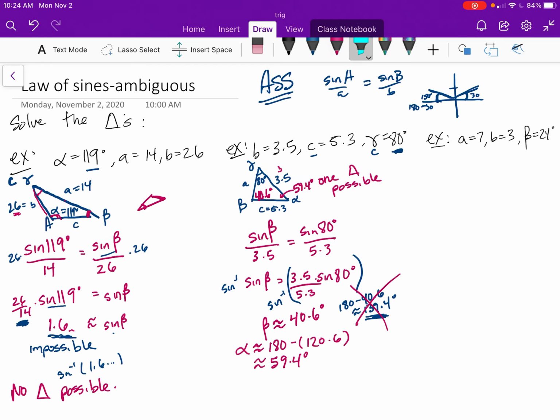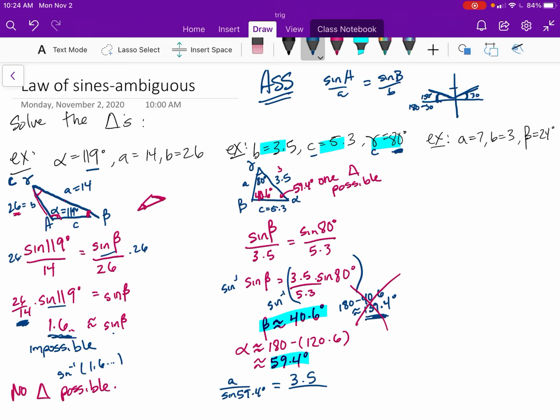Okay, I was given 3 pieces of information, 2 sides and an angle. Now I have the other 2 angles, so I need the last side. We need lowercase a, and therefore I'm going to do the law of sines, but with a up top. Sine alpha, which was 59.4, equals lowercase b, which is 3.5 over beta, 40.6.